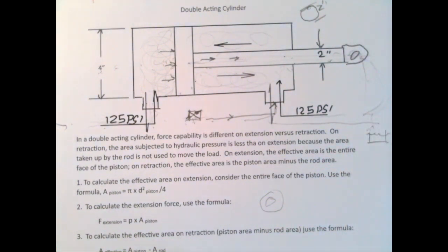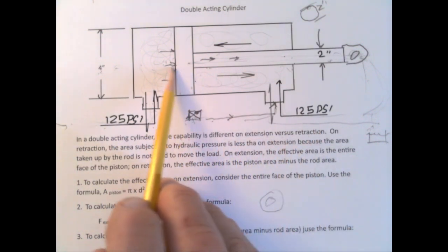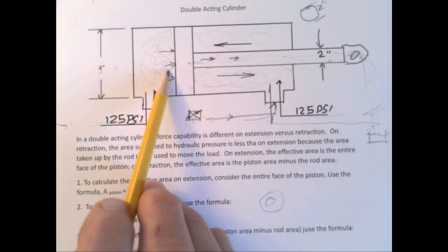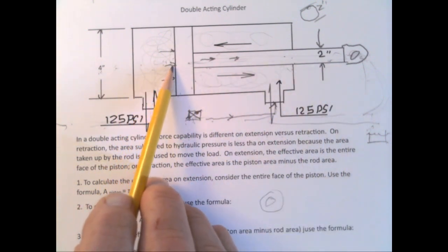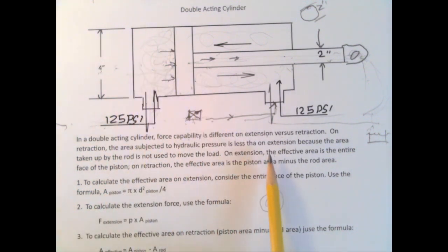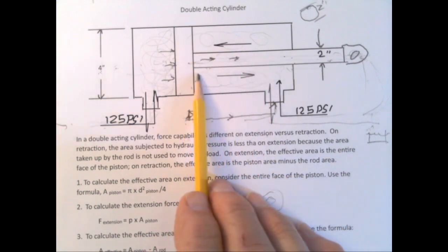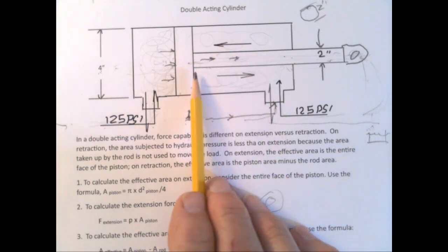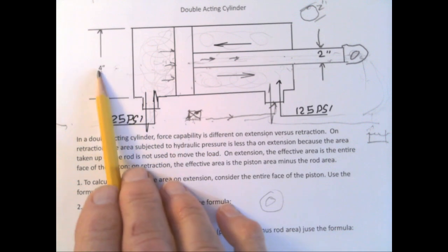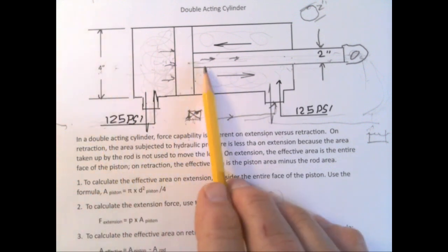Now, in a double-acting cylinder, force capability is different on extension versus retraction. Extension is where you have access to the whole surface of the piston. On retraction, you have access pressure-wise in this direction on the whole surface, the 4-inch diameter circle less the 2-inch diameter circle.